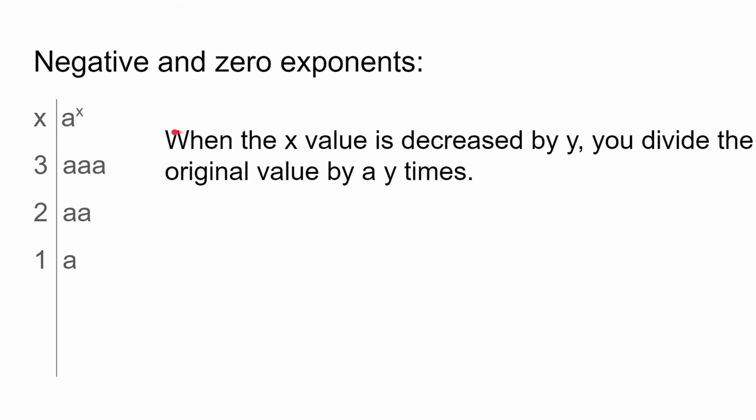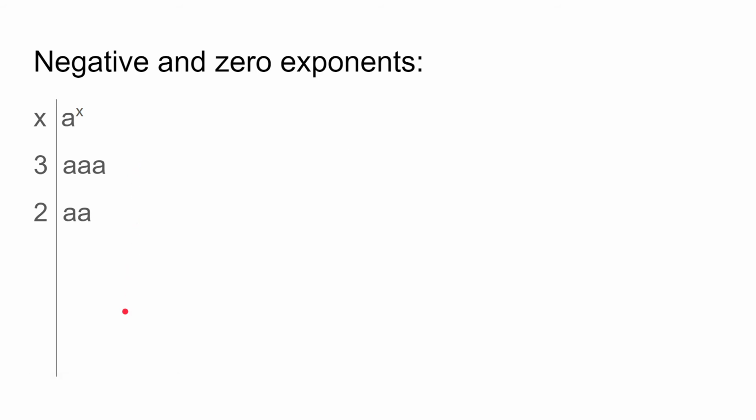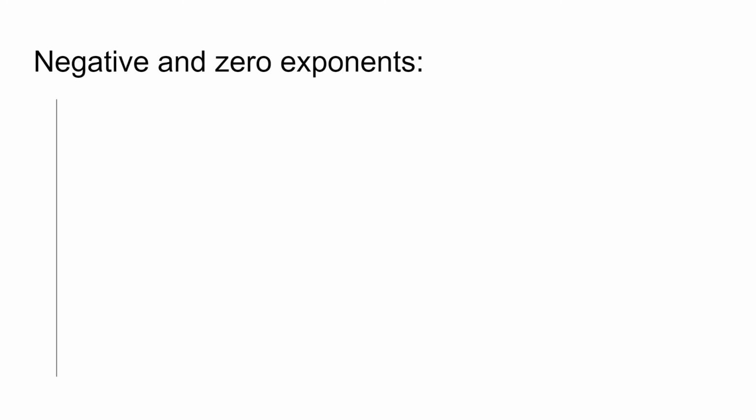And if instead of doing the table you wanted to use our rules from earlier, you can use this rule: a to the x divided by a to the y is equal to a to the x minus y.